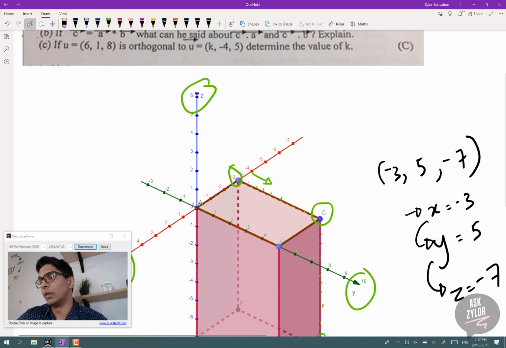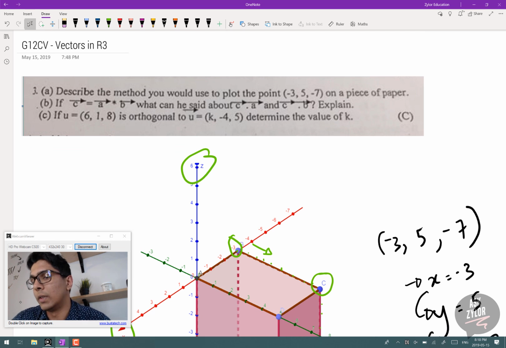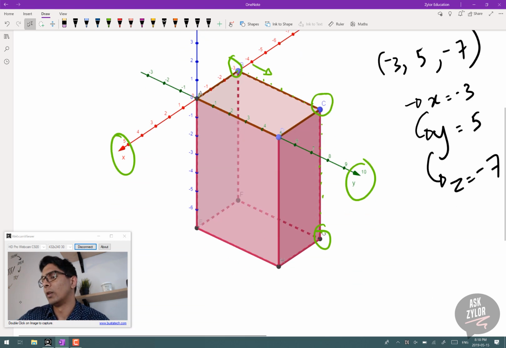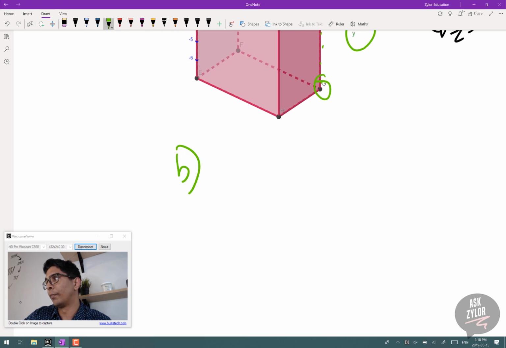So the second part of the question is asking if the c vector is equal to the a vector times b vector, what can be said about the dot product of c and a and c and b? So let me rewrite this. So c is equal to a cross b.